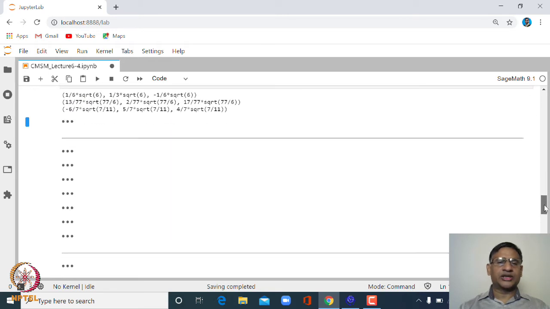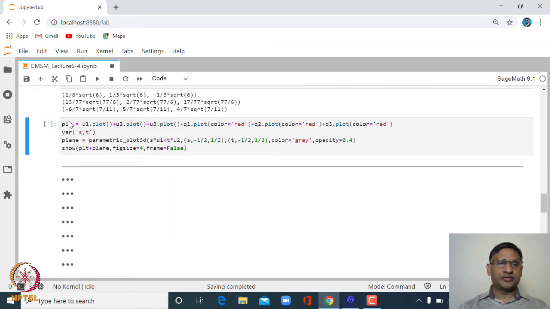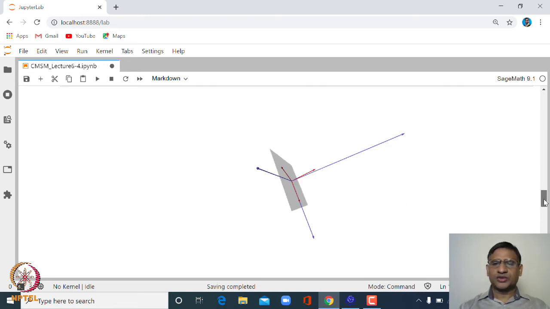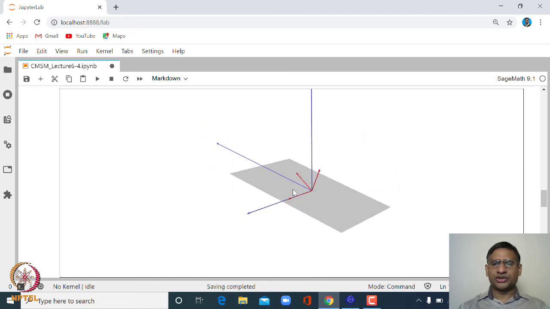Now again let us plot the graph of u1, u2, u3 along with the orthonormal set of vectors that we have obtained. Let me rotate this a little bit. So this may be u1, this may be u2, and you have taken the orthogonal projection of u2 onto u1 and taken it out.